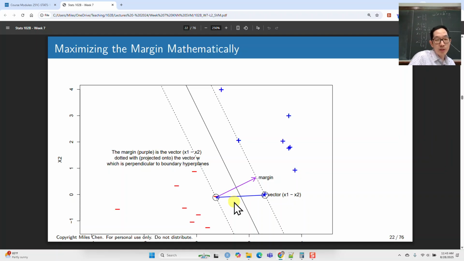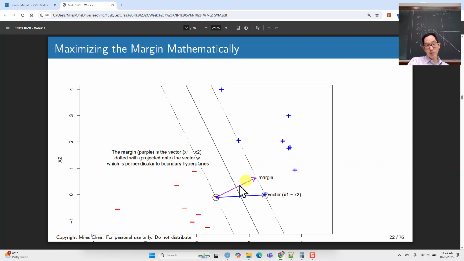And so what we can do is take this vector. We have 2 points located on opposite boundaries. We'll call this one X1, on this boundary, and we'll have this one on this one.